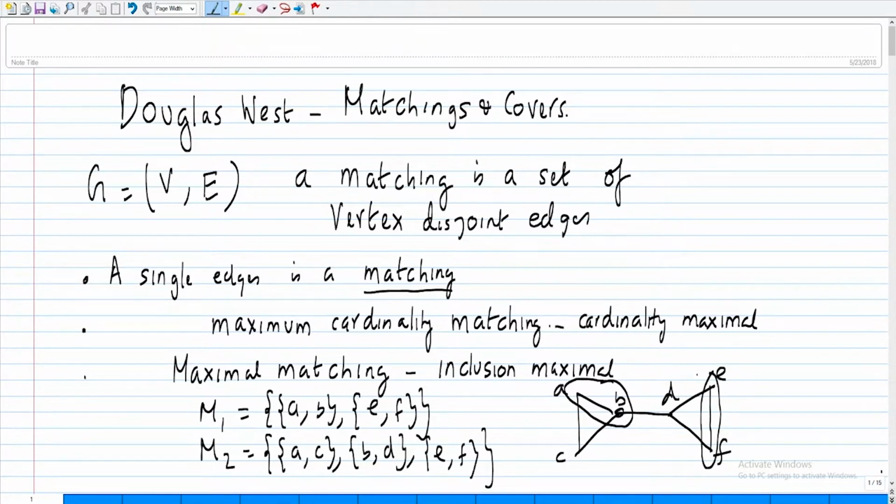So obviously I cannot increase the size of this matching by adding one more edge, because the edges in a matching have to be vertex disjoint. So this is an inclusion maximal matching, but obviously the maximum cardinality matching has more edges in it. So this leads to the most natural question.